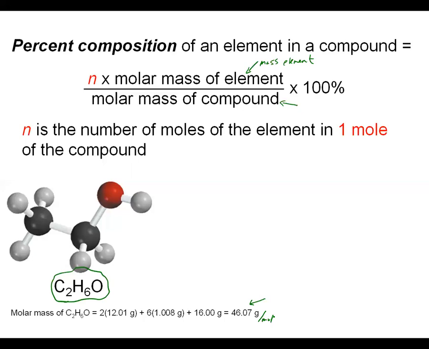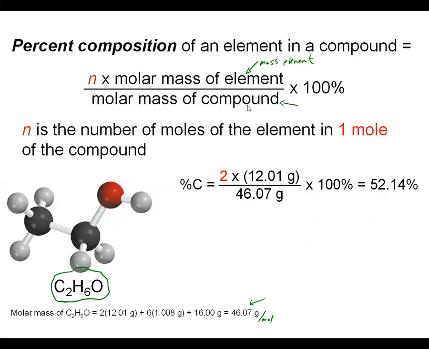So since there are 2 carbons, we would take 2 times the molar mass of carbon from the periodic table, and we would divide it by the molar mass of the entire compound here, and then obviously times it by 100. And that tells us that this compound is basically 52% made up of carbon by mass.